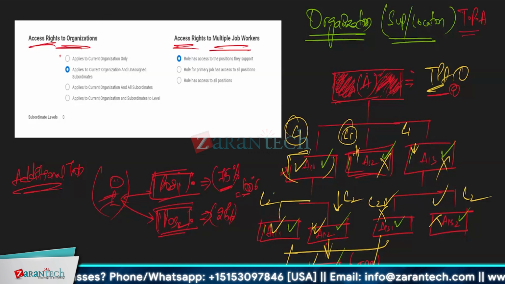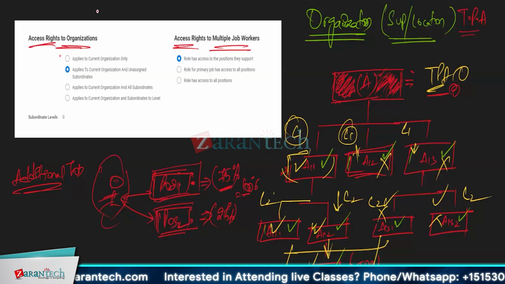If there are employees in this kind of setup, how should the security access be given to that particular employee? The options are role access to positions they support, role access for the primary job, and role access to all positions.